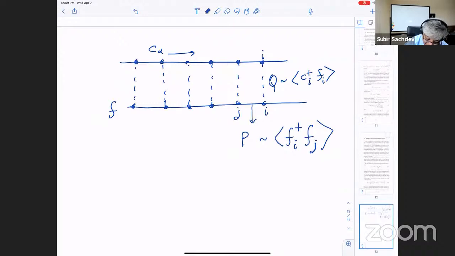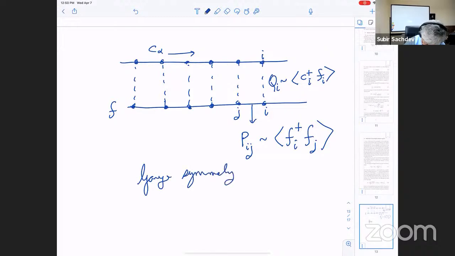And so here Q depends on the site, but P depends on the links or the bonds of the lattice. And this has a huge difference on the gauge transformation. So remember the gauge symmetry was F_i going to F_i e to the i chi_i.